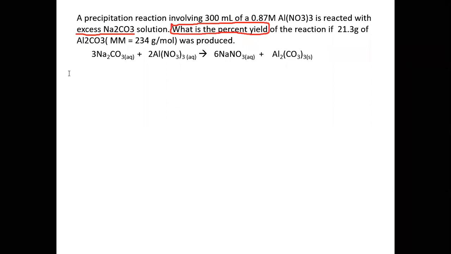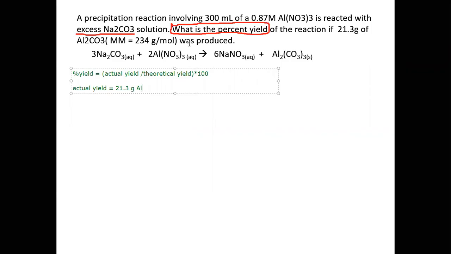And we know that percent yield equals actual yield over theoretical yield times 100. So if we know the actual yield and the theoretical yield of aluminum carbonate, we can find the percent yield. So what do we know so far? We know the actual yield. That is 21.3 grams.